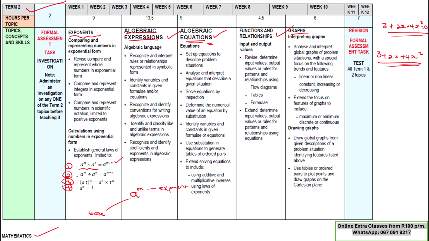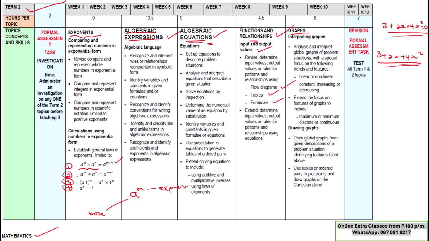Now if we look at functions and relationships, we can see that here we are going to start by looking at the input and output values. And we need to be able to determine the input values as well as the output values, or the rules or patterns and relationships using flow diagrams, tables, and formulas, right?